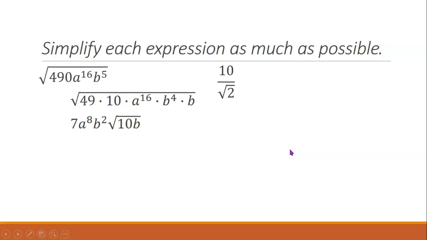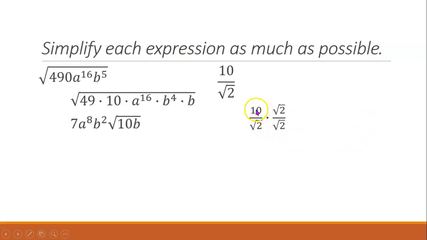Now let's simplify 10 over the square root of 2. Here we're going to rationalize the denominator by multiplying by another square root of 2 on top and on the bottom. So really we're just multiplying by square root of 2 over itself, which is 1. We're not changing the value of this expression, just trying to get it in a different form.